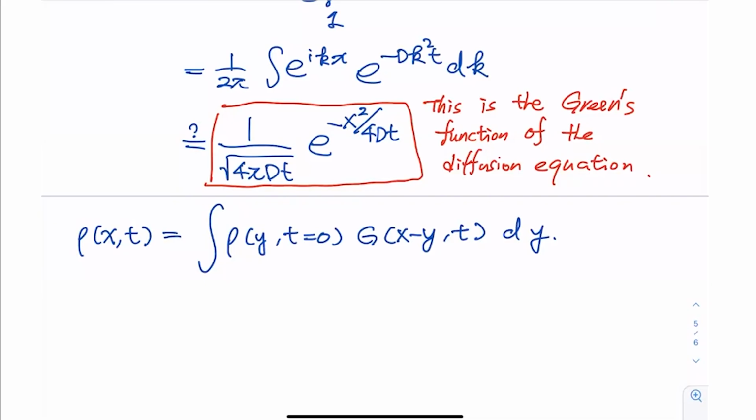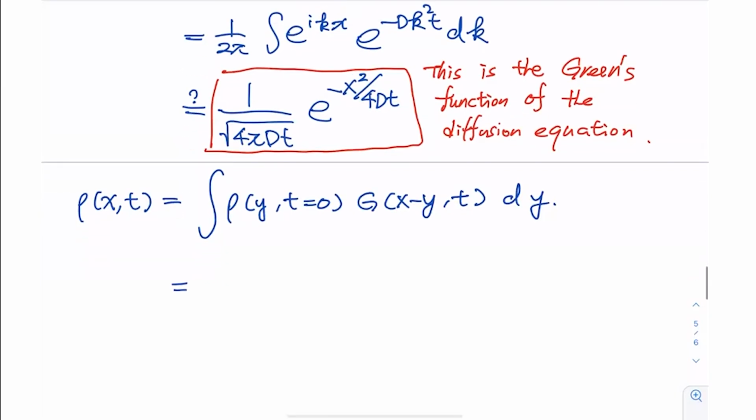At t equal to 0, we know that, okay, let's try to write it more specifically. But I think maybe I'll stop here and continue the writing in the next lecture, and we'll take a 10-minute break. If you have questions, just let me know.